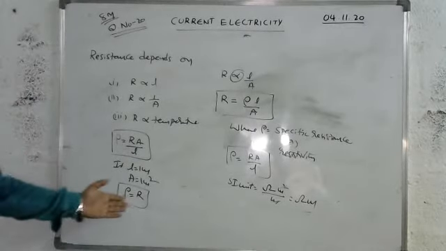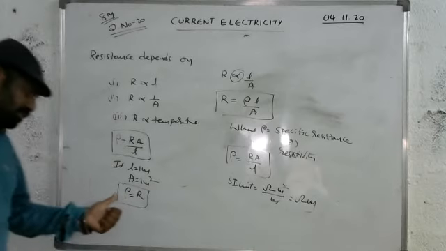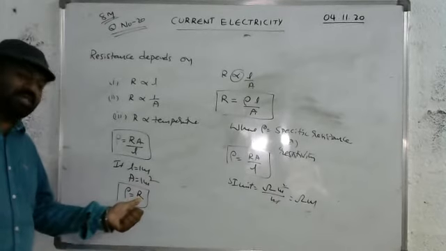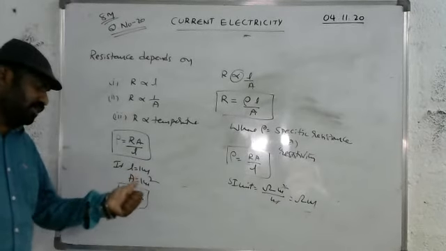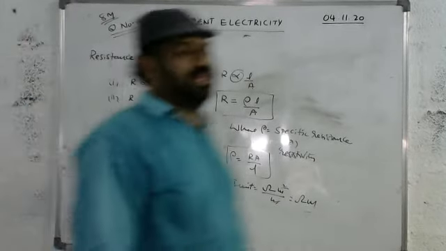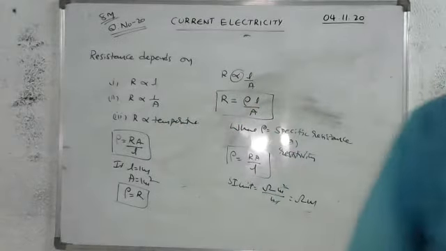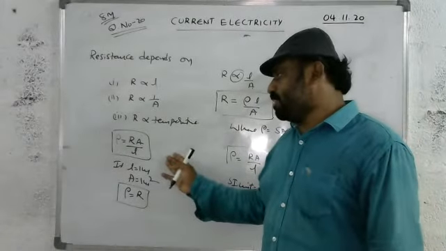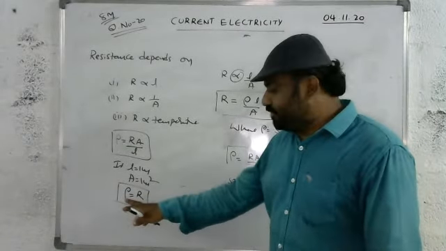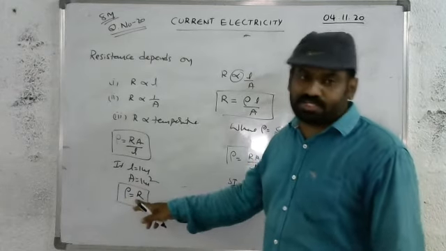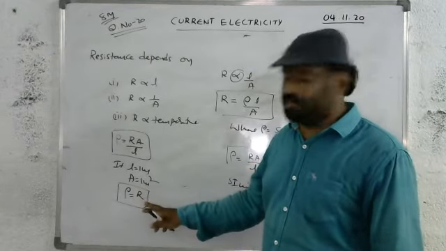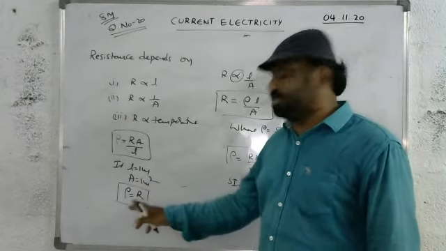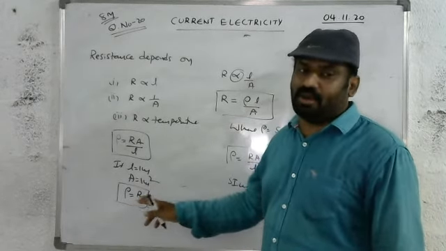From this we can define the specific resistance as numerically equal to the resistance of the conductor whose length is 1 meter and area is 1 meter square. Is it clear? Rho is equal to R.